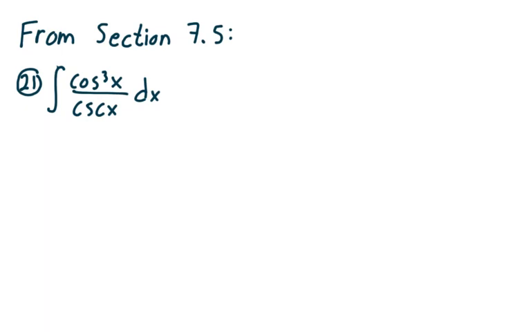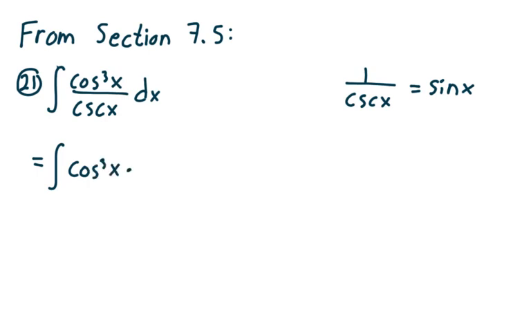And if we remember, 1 over cosecant x is the same as sine of x. And so I could rewrite this integral as cosine cubed x times sine of x dx.